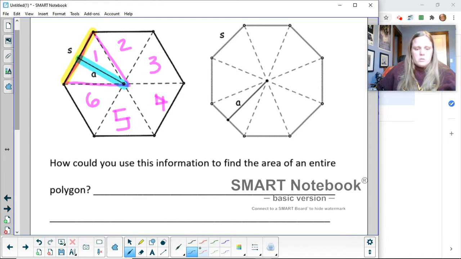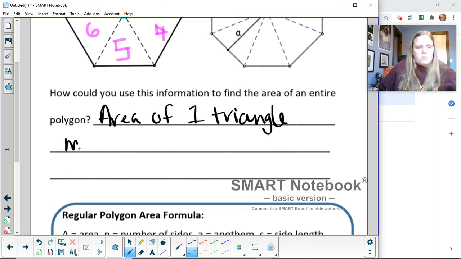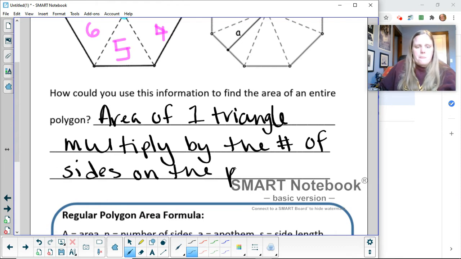So again, what we're going to do is take the area of one triangle and multiply by the number of triangles that are in the figure, but that's also the same as the number of sides on the polygon.